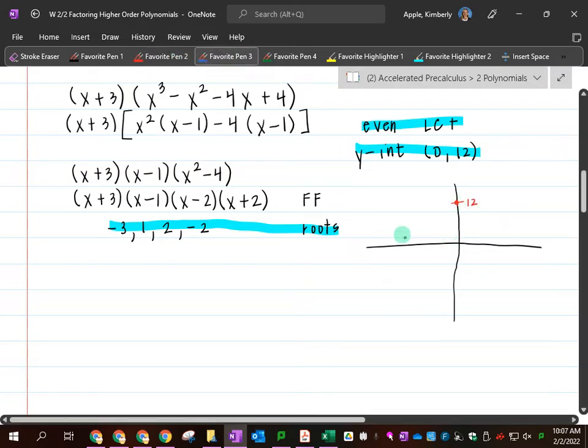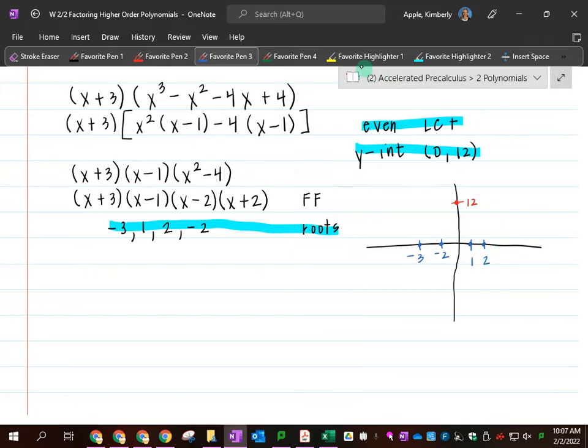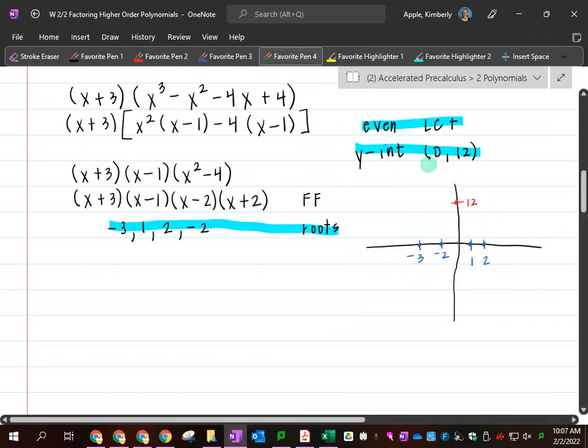I've got roots at -2, -3, +1, and +2. In terms of end behavior, the leading coefficient is positive, so I know it goes up on the right. Because it's an even function, I know it does the same identical thing on the left.